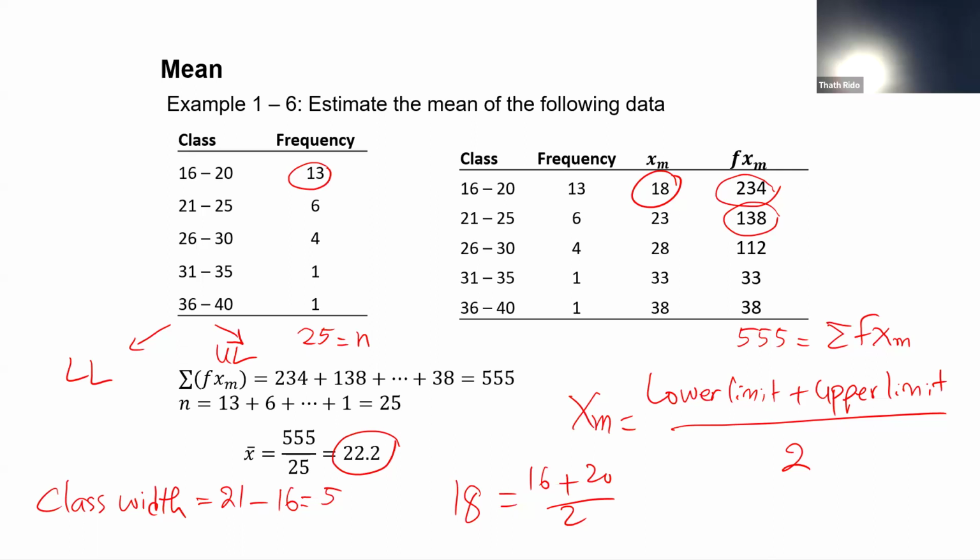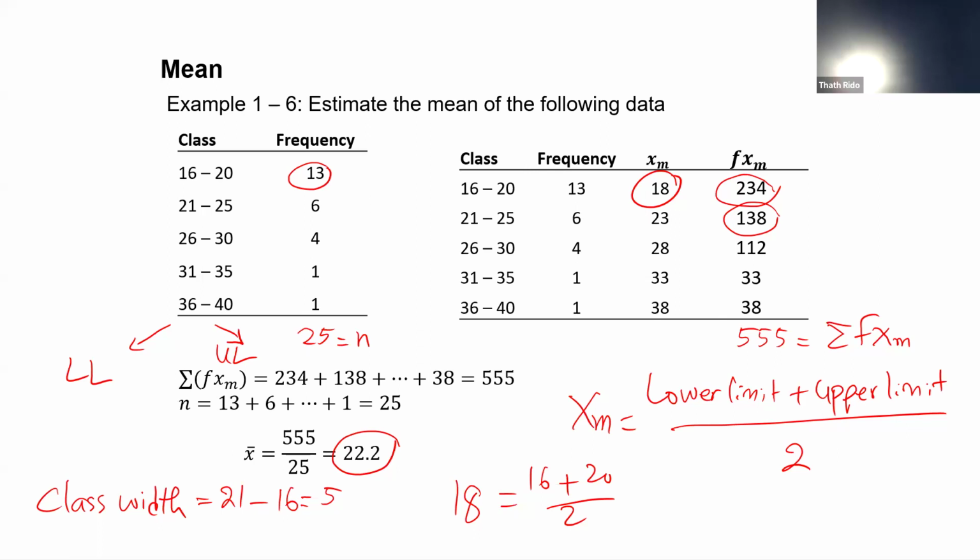If we have only this table, we need to follow this procedure. First, you need to find the midpoint, 18, by using this formula: lower limit plus upper limit divided by 2. In this table, the left-hand side, 16, 21, 26, 31, 36, is called the lower limit.